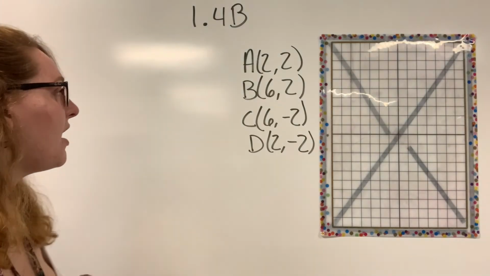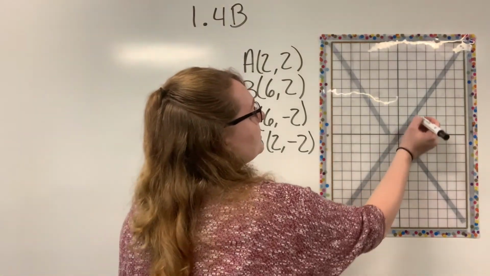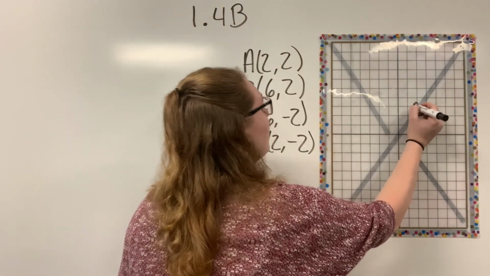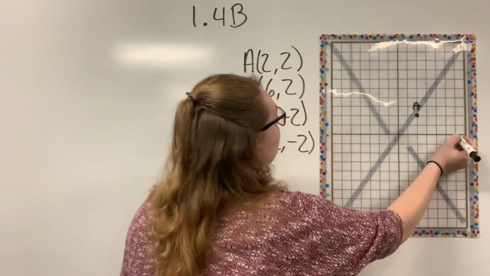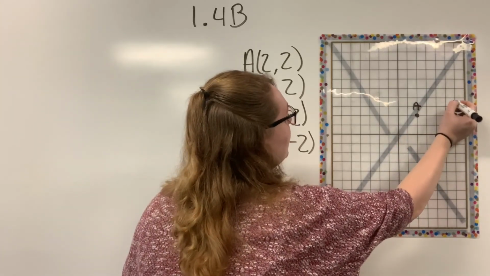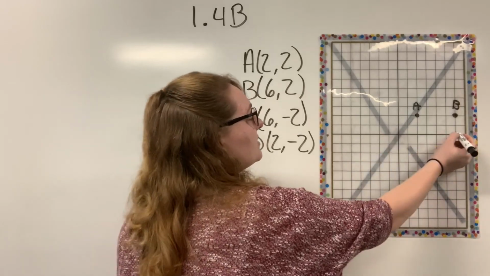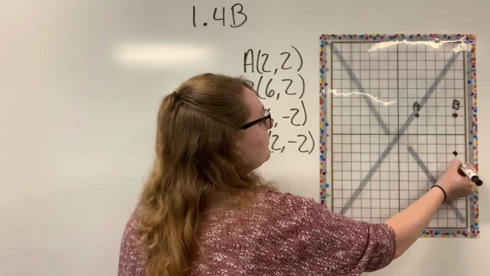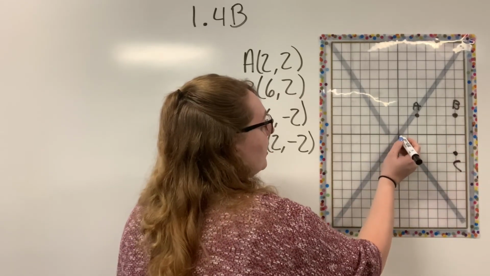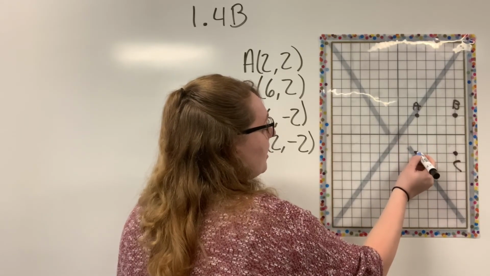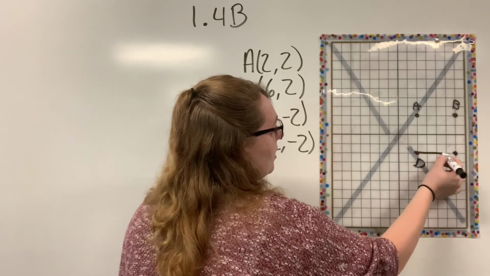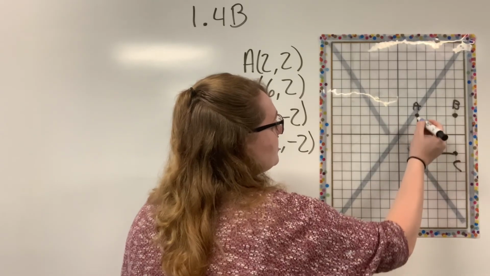So let's go ahead and graph those. Right 2 and up 2 for A. Right 6 units, up 2 units for B. Right 6 units and down 2 units for C. And right 2 and down 2 for D. Let's connect all of these.